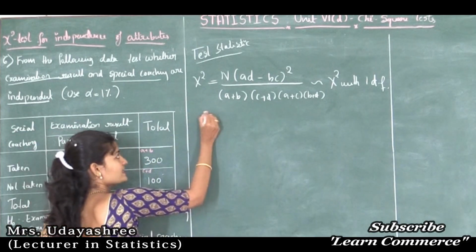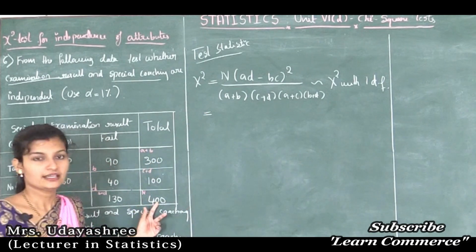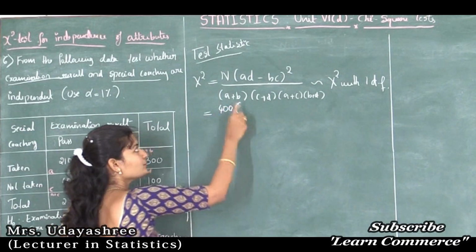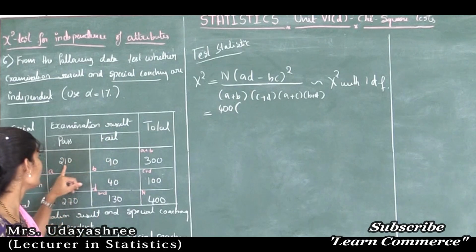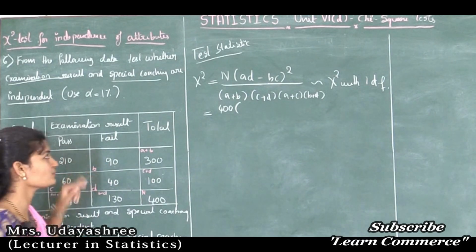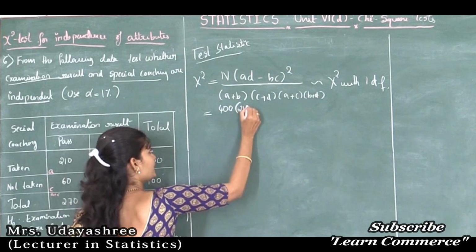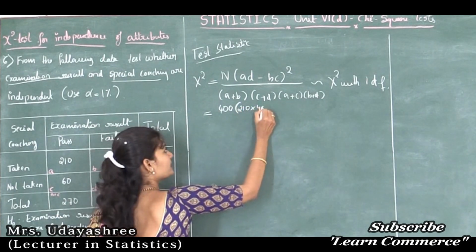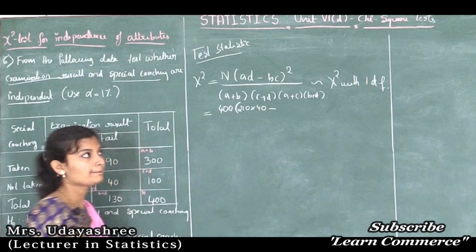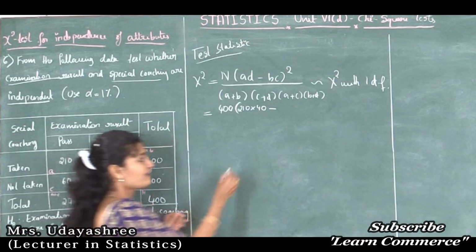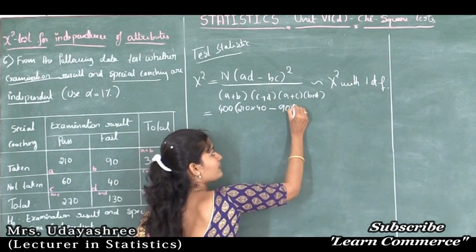Capital letter N is 400, into, A is 210 and D is 40. So in place of AD I will substitute 210 into 40, minus BC. Here B is 90, C is 60, so I will write 90 into 60.